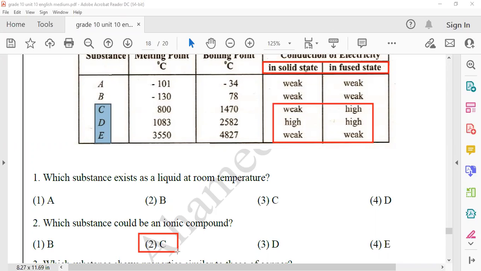What is the third question? Which substance shows properties similar to those of copper? Copper is a metal, right? Metals are also solids, except mercury. Which one fits a metal in electric conduction?